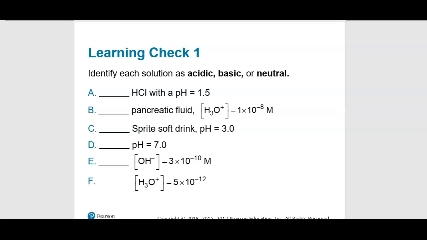And a hydronium ion concentration of 5 times 10 to the minus 12, well, that's way below the 10 to the minus 7th of neutrality, and less than that is going to be basic. In fact, let's go ahead and calculate the hydroxide ion concentration.